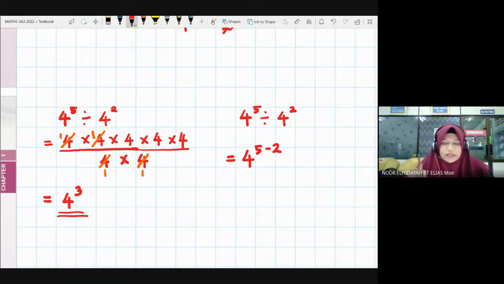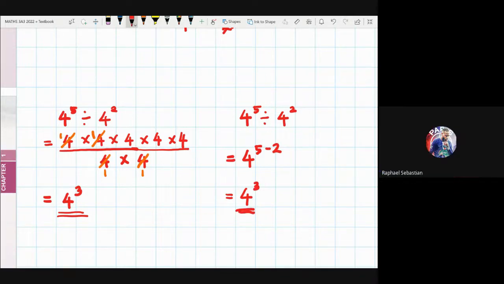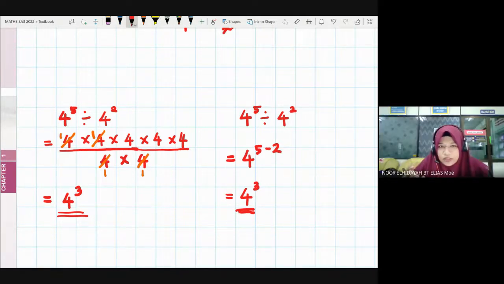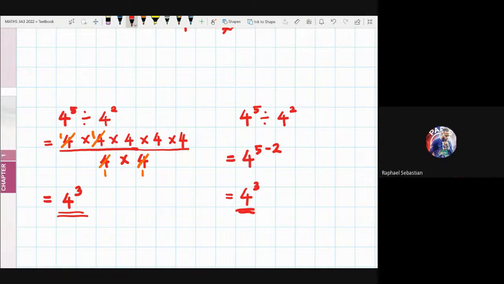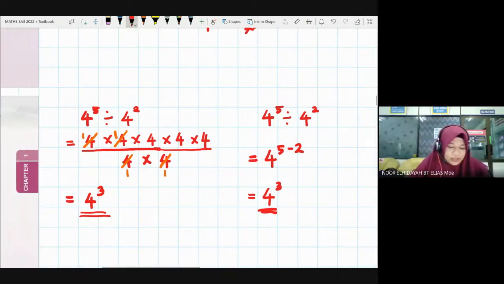Tadi darab kita kena tambah index. Now untuk division you have to subtract the index. So akan dapat 4 to the power of 3. Okay? Boleh ni? Nampak beza antara division and multiplication? Yes, nampak. Alright.